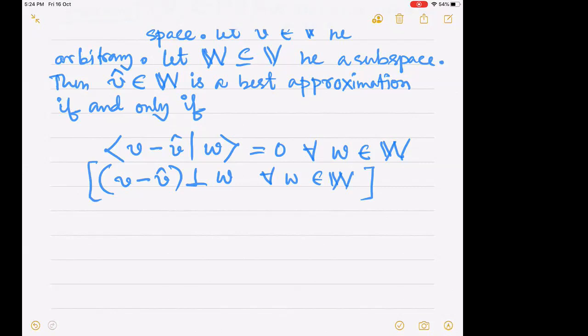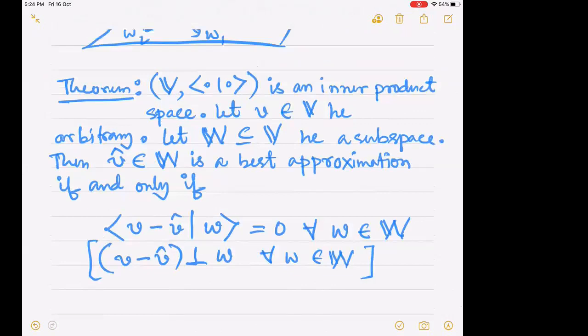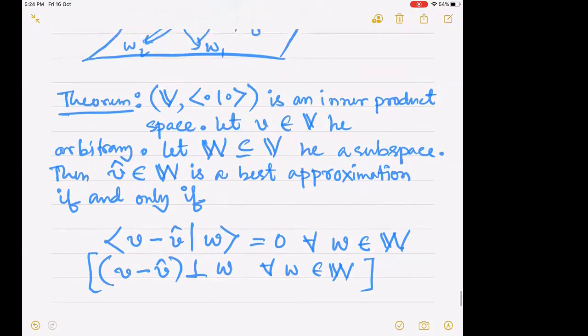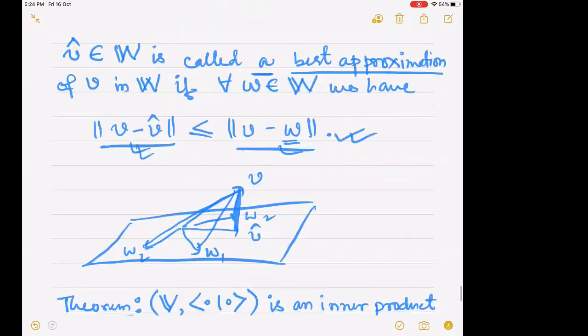Yeah, this is profound. First of all, why should this be true? This is true for R3, we understand that. But for an infinite dimensional inner product space also, this would be true. This definition of a best approximation is immensely difficult to verify, because in general this subspace W will contain infinitely many vectors.